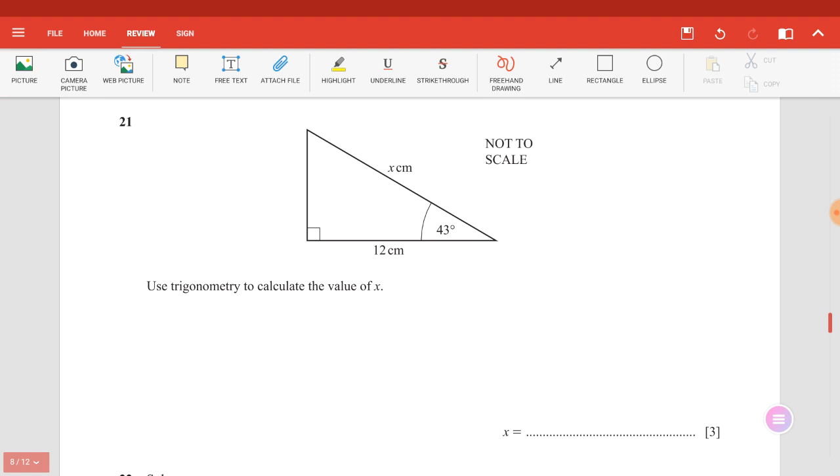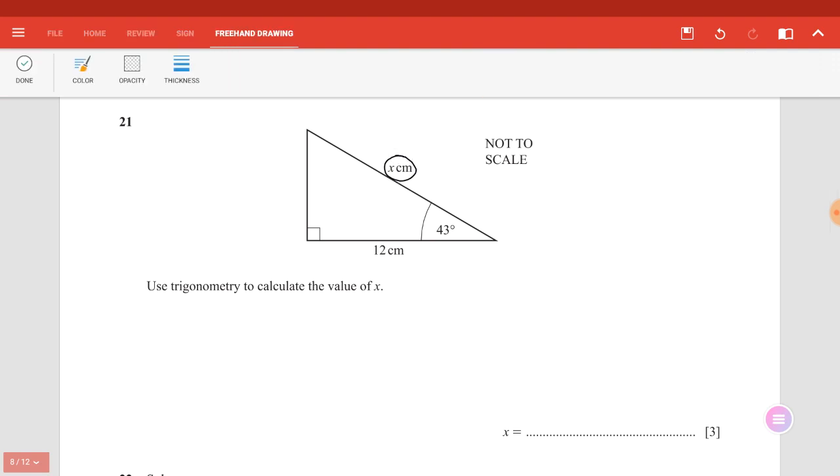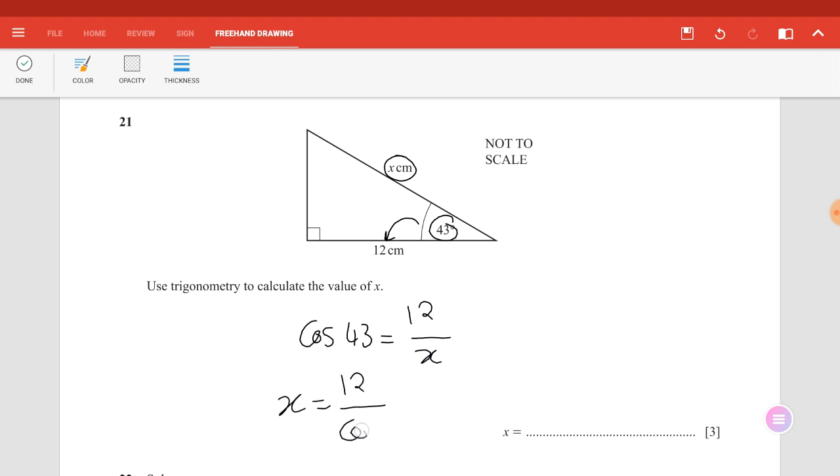Now the trigonometry. This is the hypotenuse, and for this angle we have the adjacent, using the cosine relation. Cosine 43 equals 12 over x, so x equals 12 over cosine 43 by rearranging in this way.